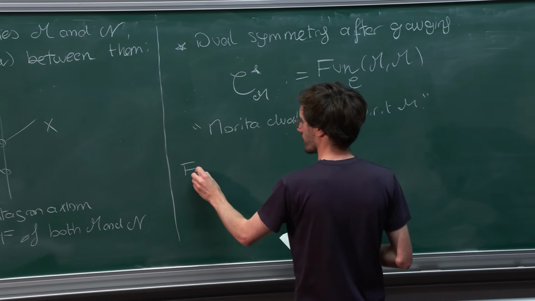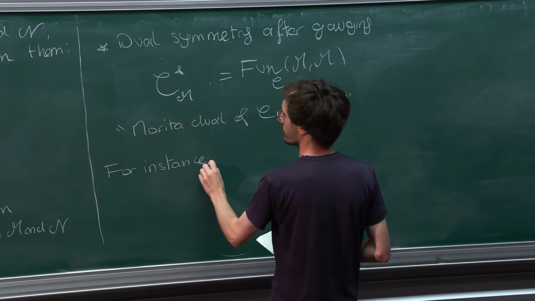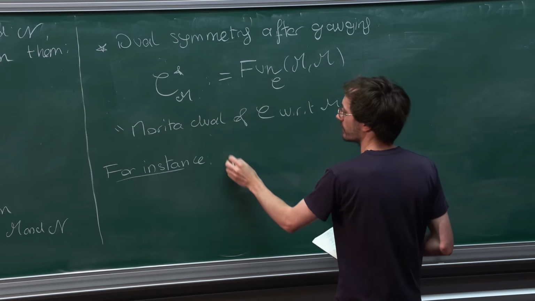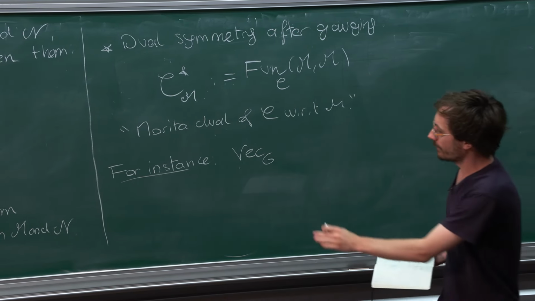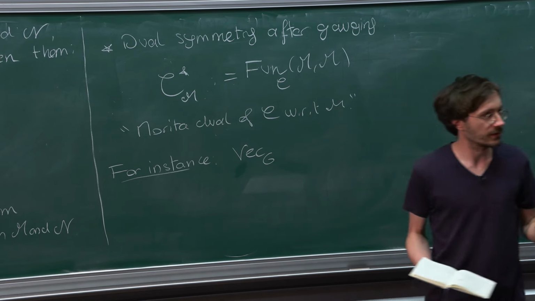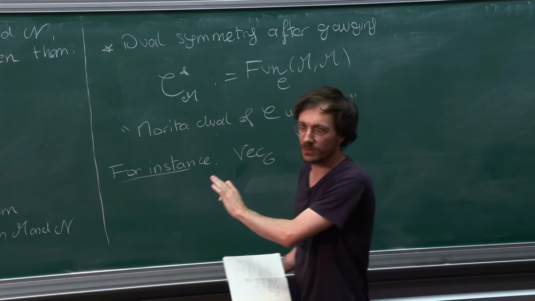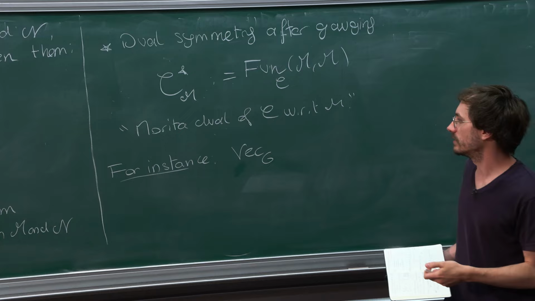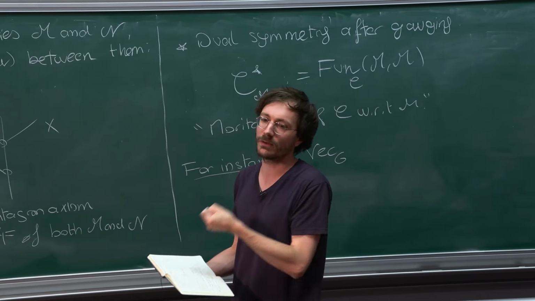So let me do an example. When we talk about ordinary symmetries, as was mentioned before, the relevant category is the one we write Vec_G. Here there is no anomaly. The only thing you gain by thinking about the ordinary symmetry in terms of this category, rather than just thinking of the group, is that, as we've mentioned several times, you want to be able to consider direct sums of lines.